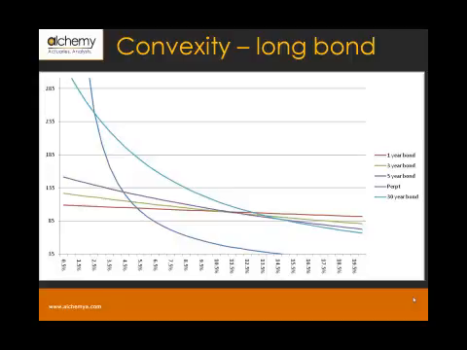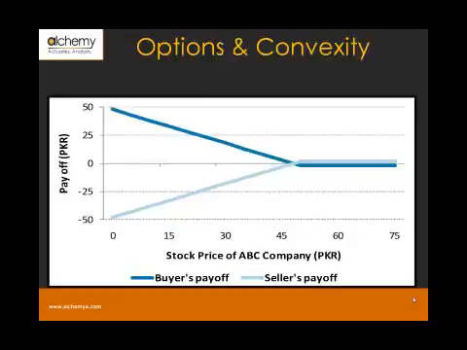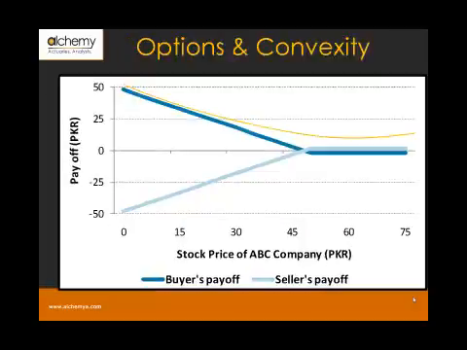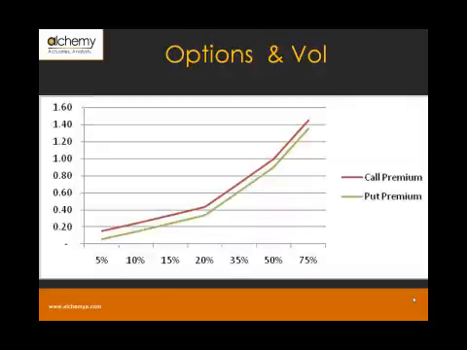We're saying the same convexity is also applicable to the put contract because the underlying shape is exactly the same. And it gets even more interesting when you factor in the impact of volatility to this mix. So that's the first statement, that we believe there is a very strong relationship between optionality, convexity, and volatility.